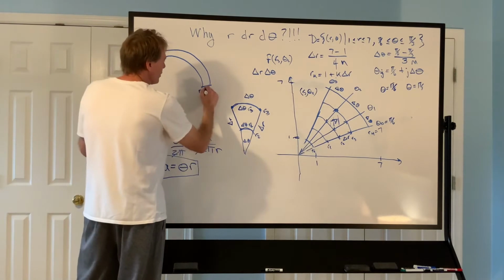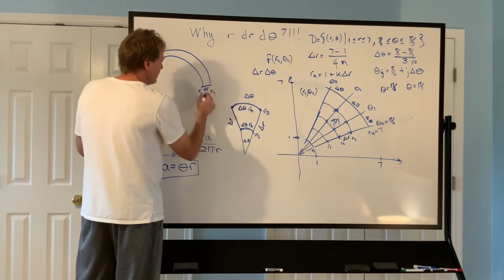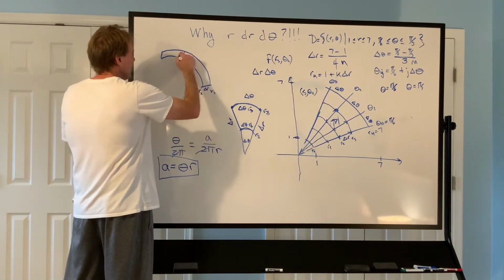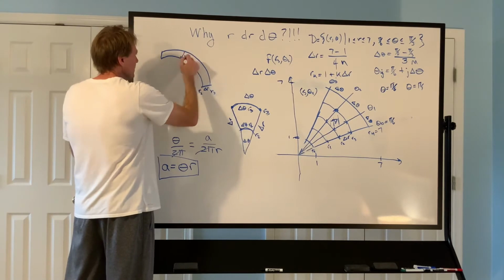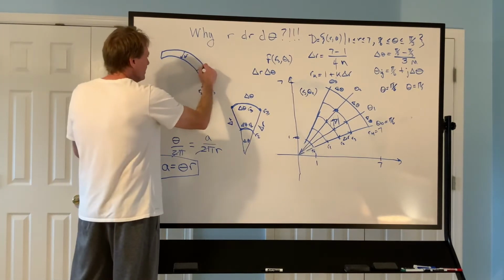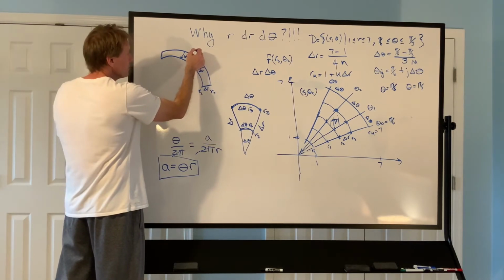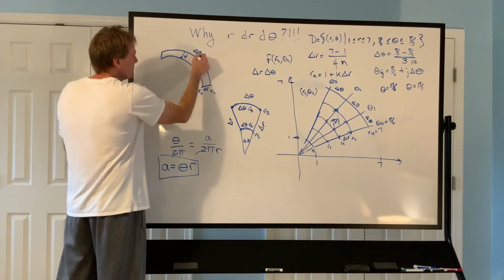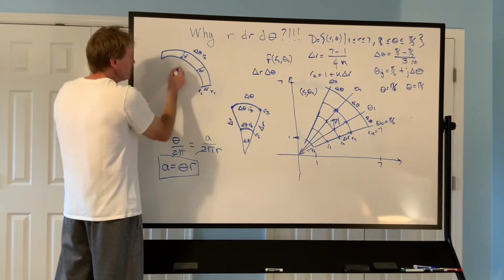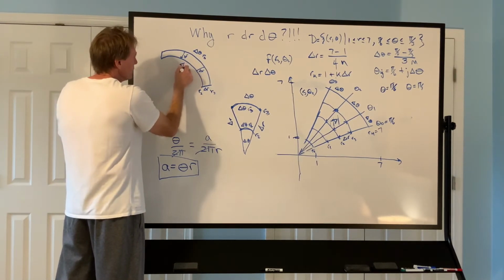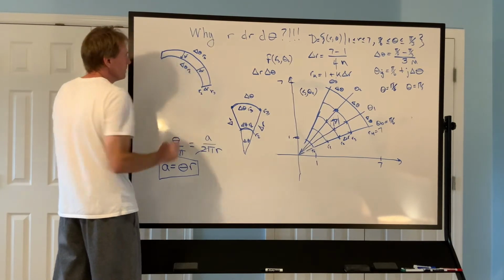But now delta r is really small. This is delta r. In fact, on any radii, we're always going to be delta r apart here. Remember, the length of this is delta theta times R3, and this is delta theta times R2.